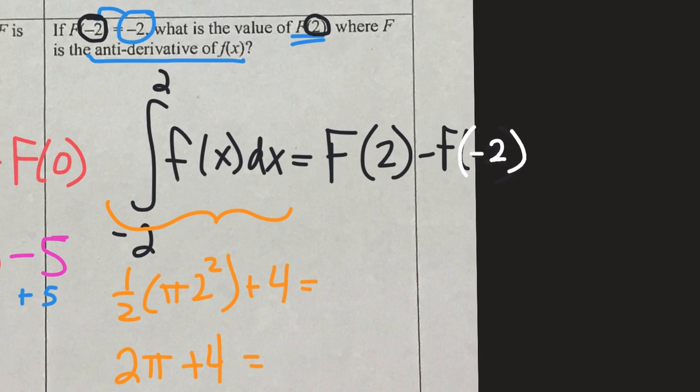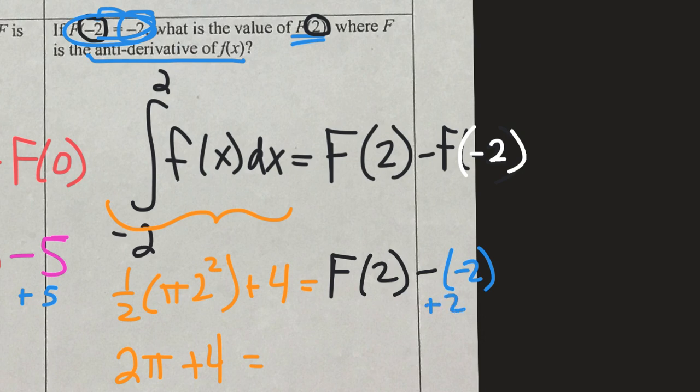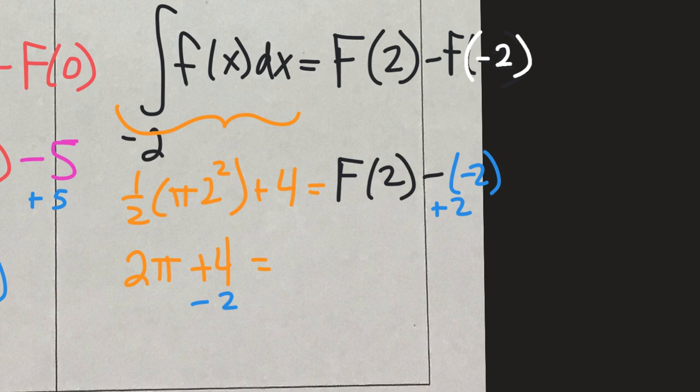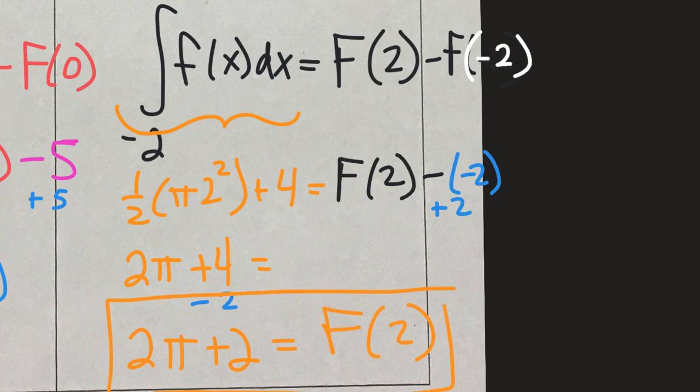I'm trying to figure out what F of 2 is, so this becomes my "variable," minus F of -2, which my problem told me was -2. So this becomes a plus 2, and I will subtract 2 from both sides to solve this equation for F of 2. So 2 pi plus 2 is the y value from our function when x equals 2.